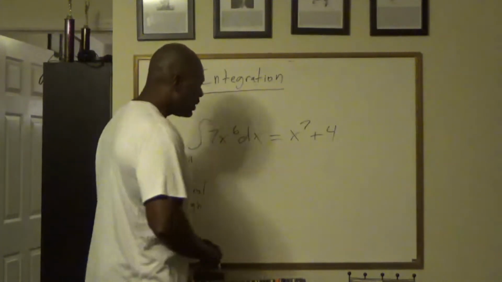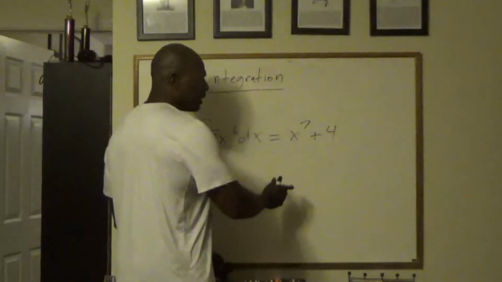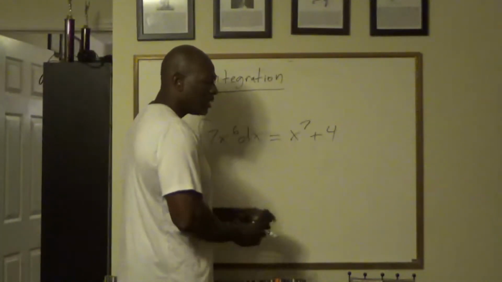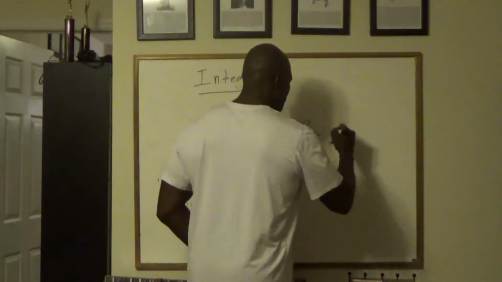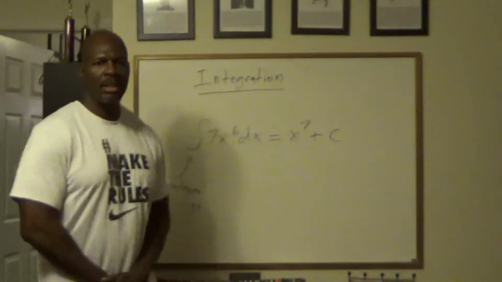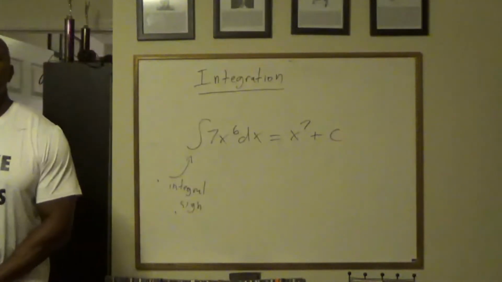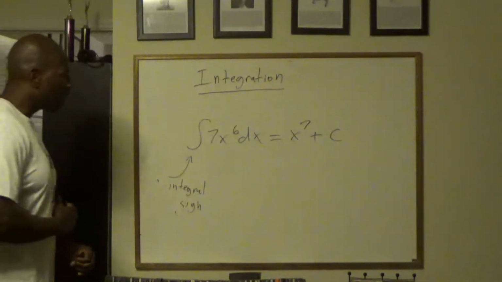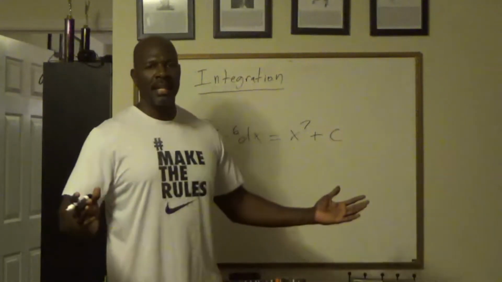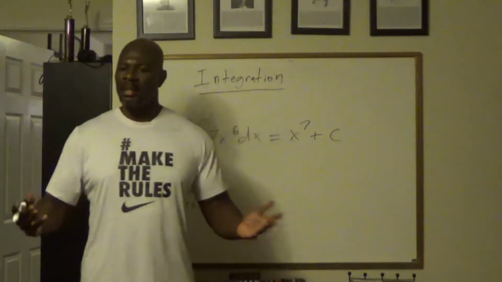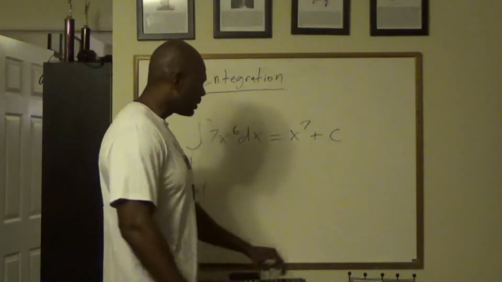So what we normally do, because this answer can vary based on the value of the constant, is when we answer these, we put plus c. So the c represents any constant. So the real answer to the problem is x to the 7th plus any constant. It could be any number of constants.